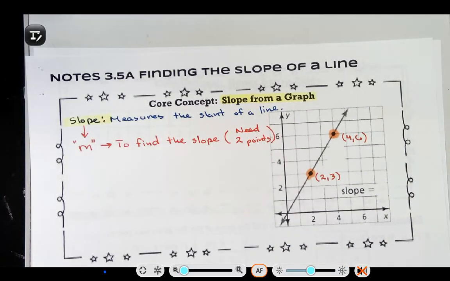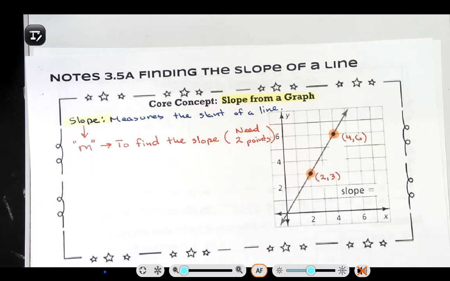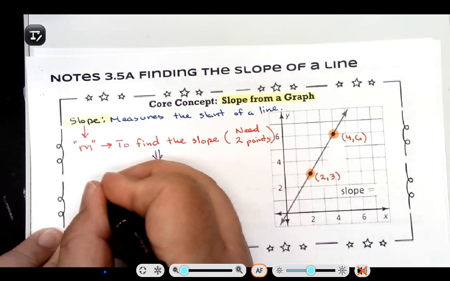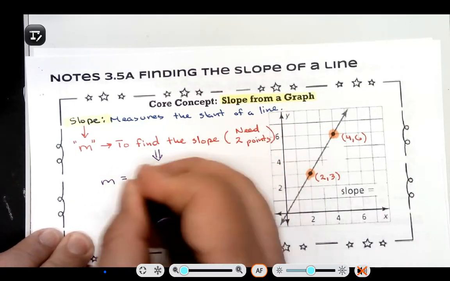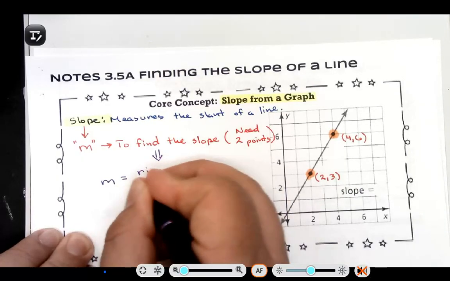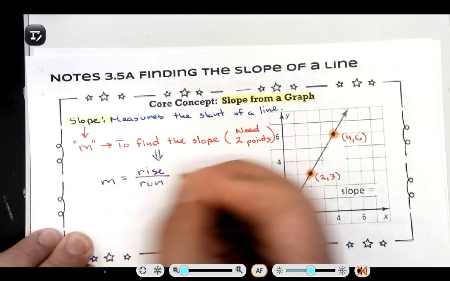And so then the question is, you have 2 points, so how do you find slope? Here is our technique. The slope is equal to how much you rise over how much you run to the side.